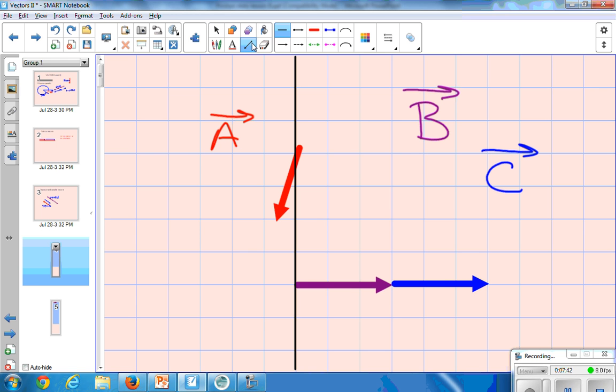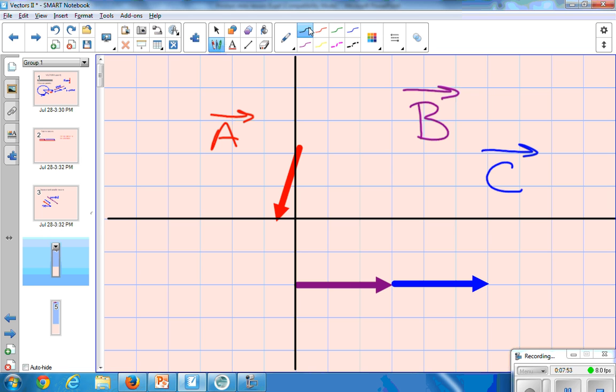And I'm going to drop in the y-axis there. And I'll just go ahead and call this y and x just like we normally do. And to be proper, we need to indicate that yes, they keep going on and on forever.